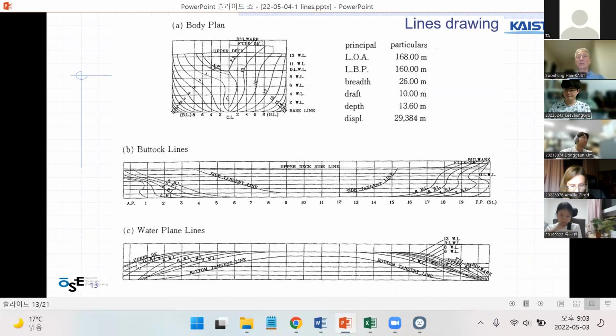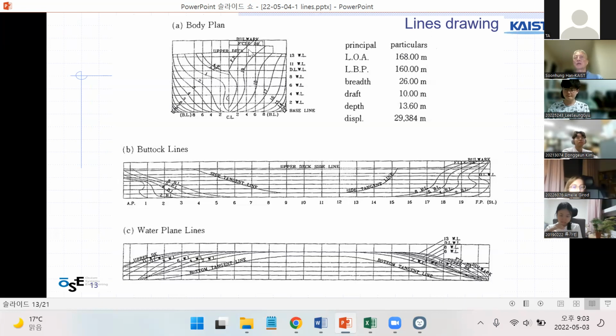And also here are the water plane lines. That is a top view. The water planes start from number 2, the bottom tangent line, then number 2, 4, 6, 8, and 10. So this is a 2 meter water line, 4 meter water line, 6 meter water line, something like that.